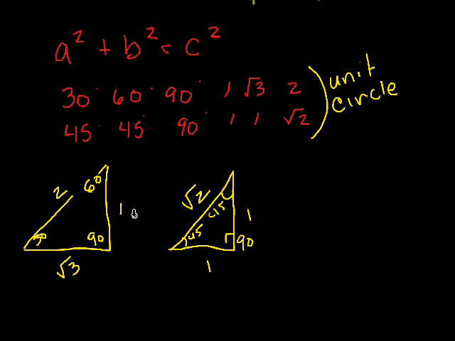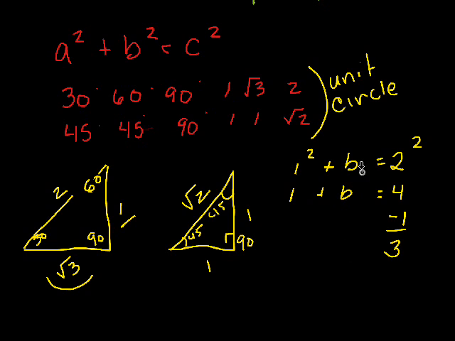So if I took a, which is 1 here, and squared it, plus, and say I didn't know this one, say that I'm trying to find this one, call that b, equals, and I know this, 2 squared. So this is 4, this is 1, and this is b squared, because 1 squared is 1 and 2 squared is 4. So then I subtract the 1 to this side, and I get 3. But I have b squared, so b equals the square root of 3.